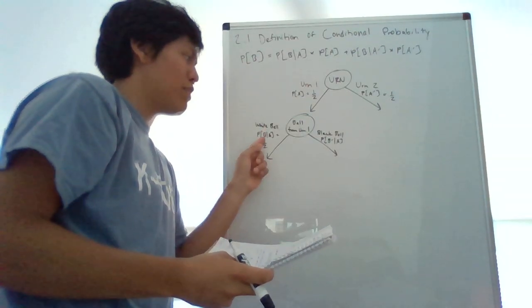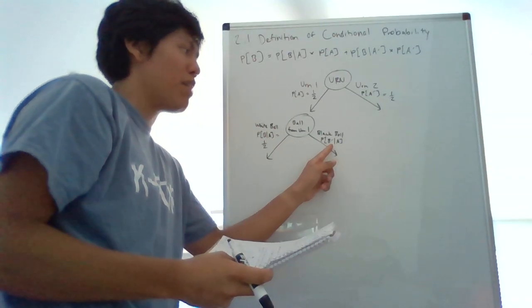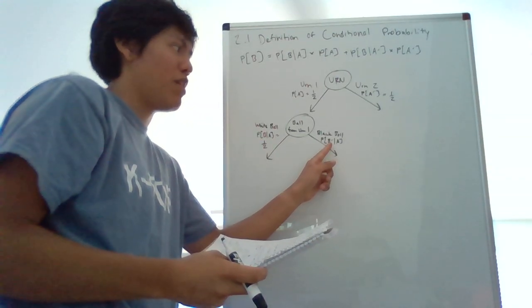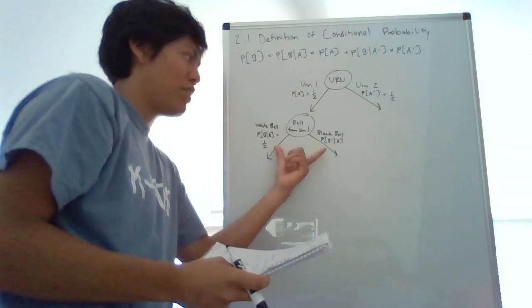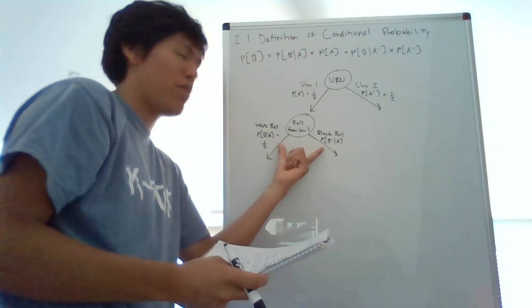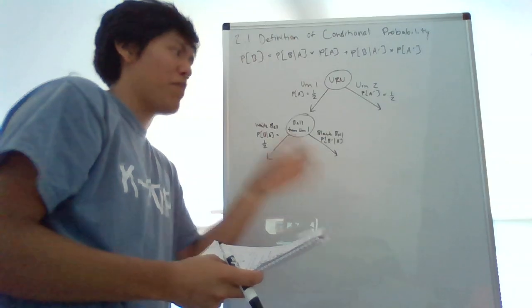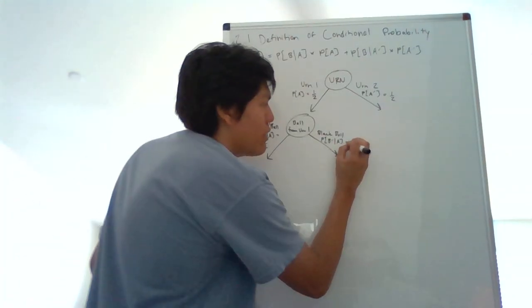The B comes from the fact that we chose a white ball, and the B complement comes from the fact that we chose a black ball. Given A because we chose urn 1. And you would include that in both scenarios where we pick up a ball. So again, this is also 1/2.